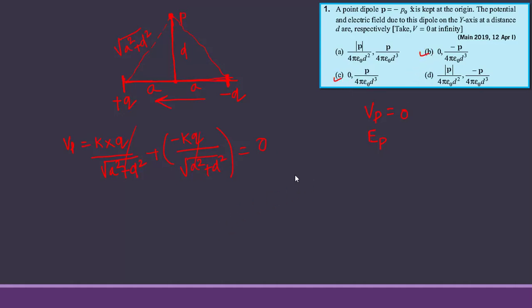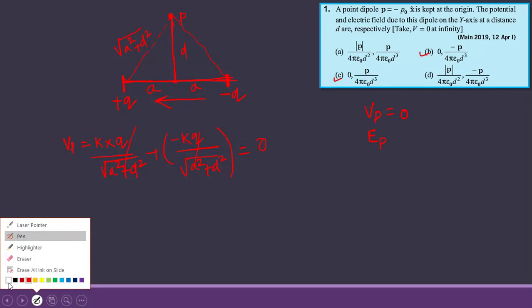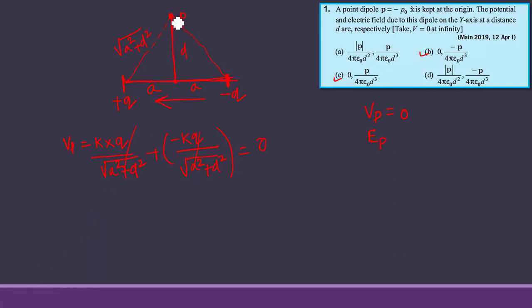Second, we'll calculate the electric field at point P. Let me change the color of my pen. See, due to the positive charge, the electric field at point P will be outward from that charge, and due to the negative charge, it will be inward toward the negative charge.